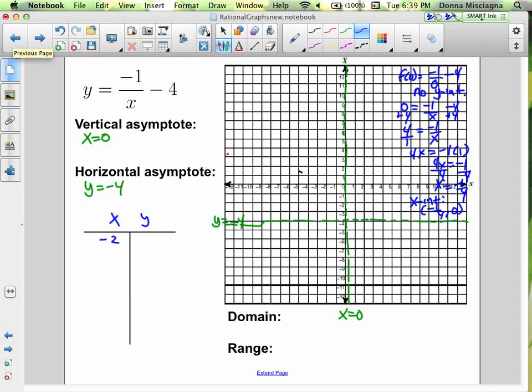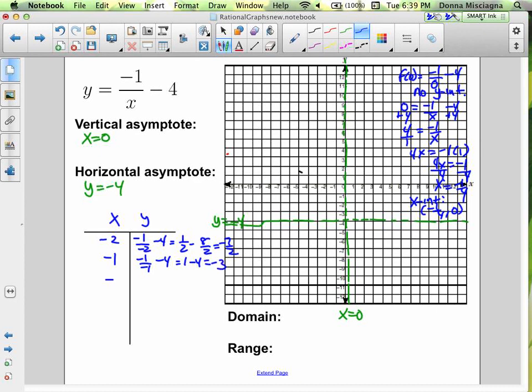And that would be -1 divided by -2 minus 4. So that's 1/2 minus 4, which is 8/2. So that is -7/2. -1 would be -1 divided by -1 minus 4. So that's just 1 minus 4, or -3.